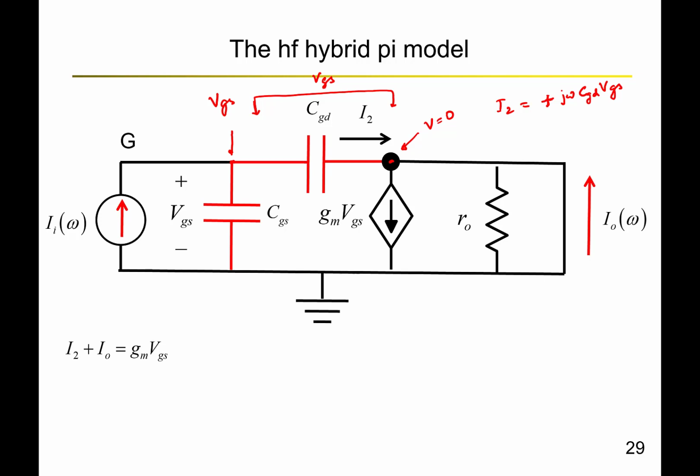So once I write, Io is gmVGS minus I2, and then when I replace the value of I2, we get that Io is gm minus j omega CGD times VGS. Now note, typically CGD is small because I would like to operate the transistor in saturation, where CGD should have been close to 0, or effectively is very small, coming from the overlap capacitances.